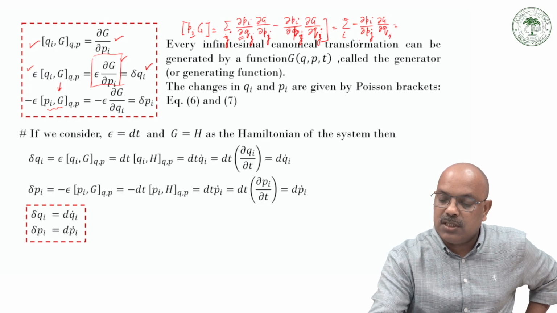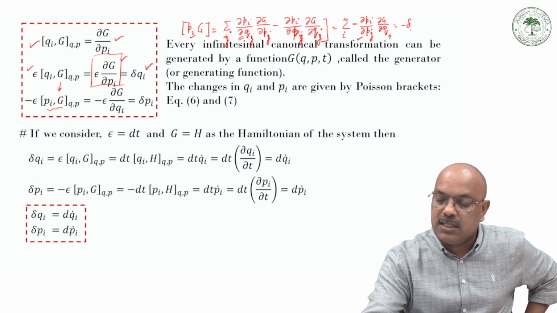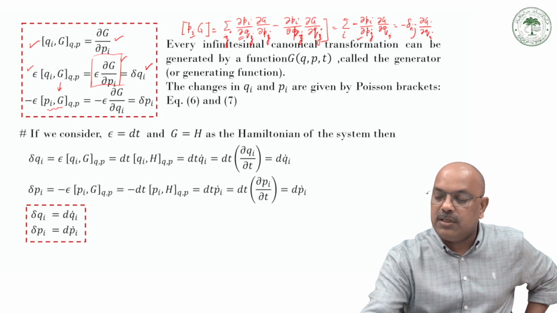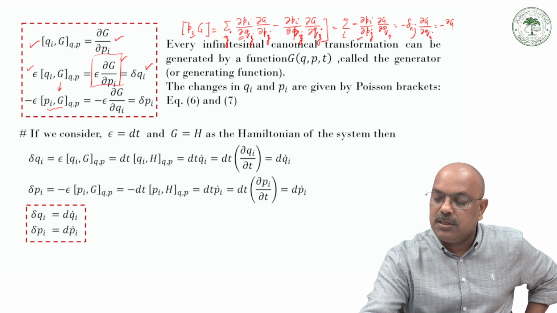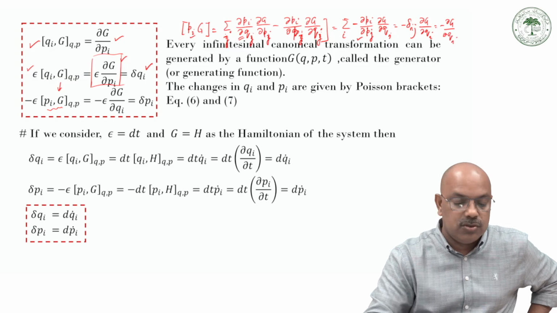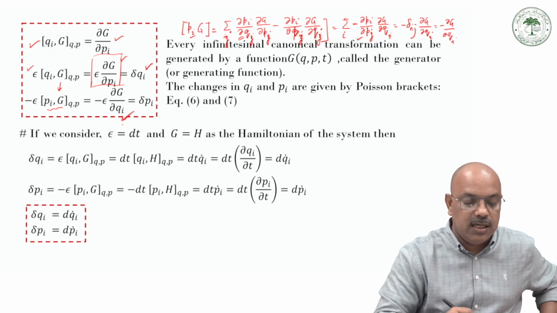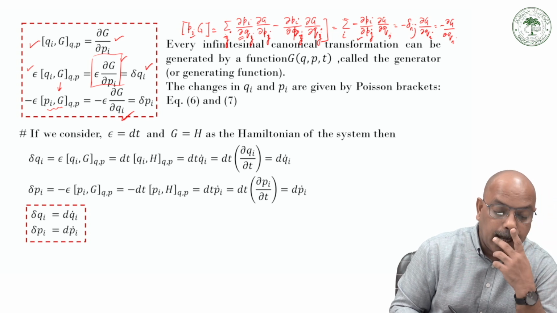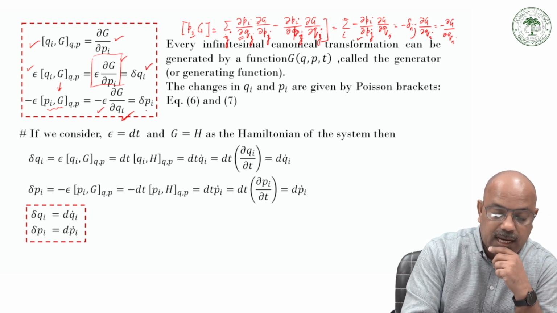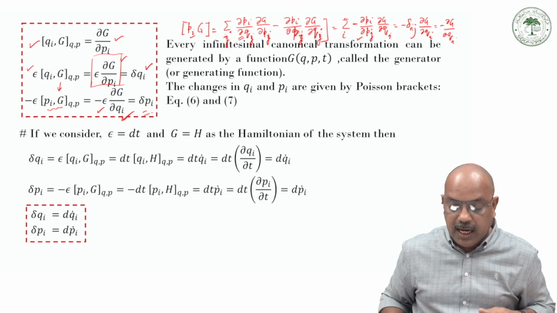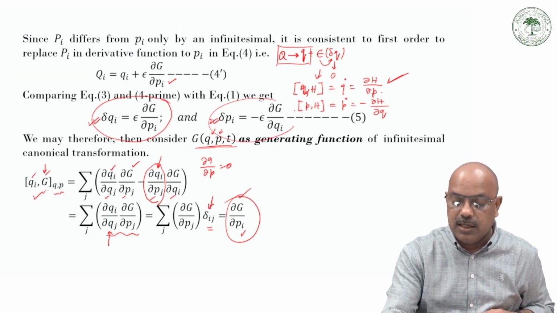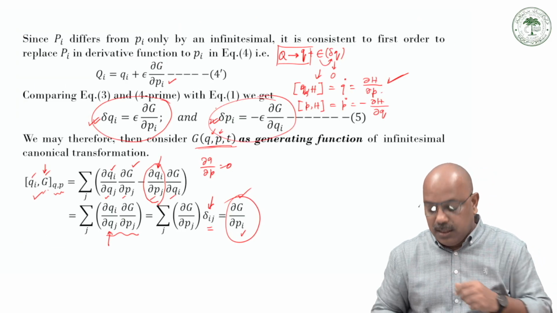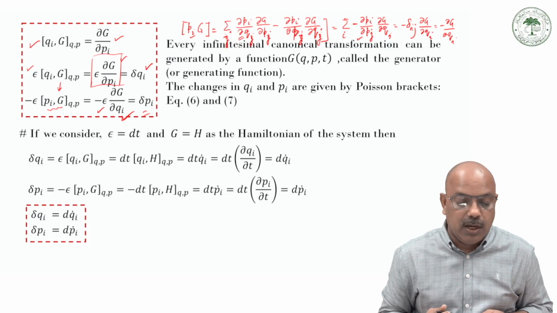So this is minus delta ij and delta G upon delta Qi, and since i equals j, this is nothing but delta G upon delta Qi. If I multiply by epsilon, then delta Pi is minus epsilon delta G upon delta Qi.